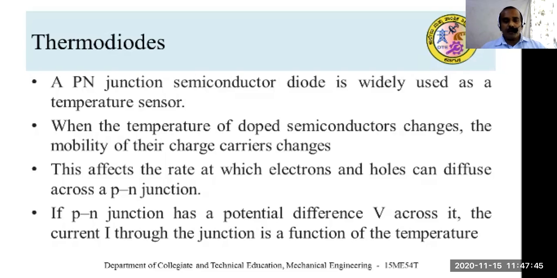In the principle of operation, as temperature is increased, the mobility of charge carriers increases. This increases the electron hole diffusion across the PN junction. If V is the potential difference across the PN junction, the current I through the junction is a function of temperature. Thus, the temperature is measured in a thermodiode.